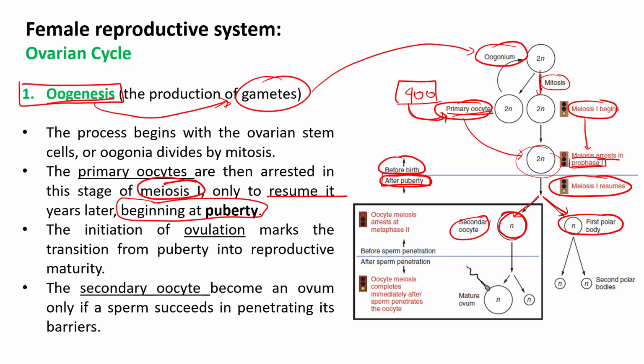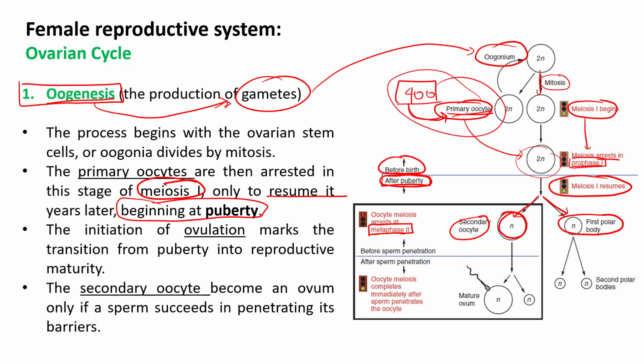The secondary oocyte will start meiosis 2, but will be arrested in metaphase. It will stay paused in metaphase. This is happening to all the 400 primary oocytes. All of them are arrested in metaphase.